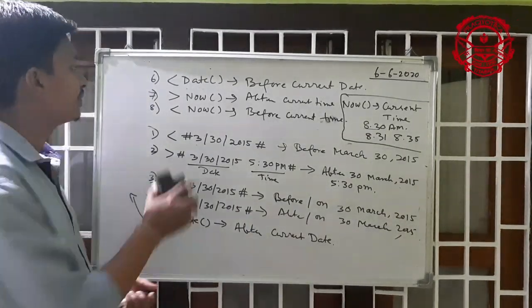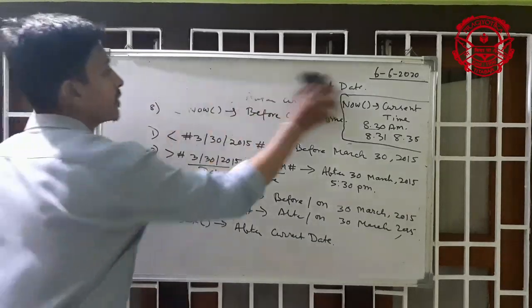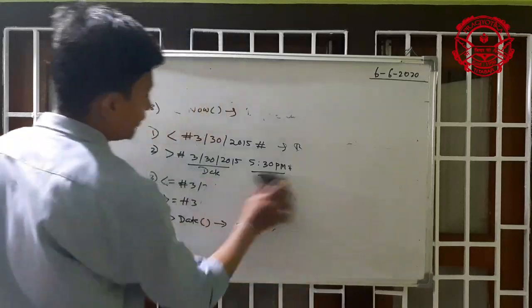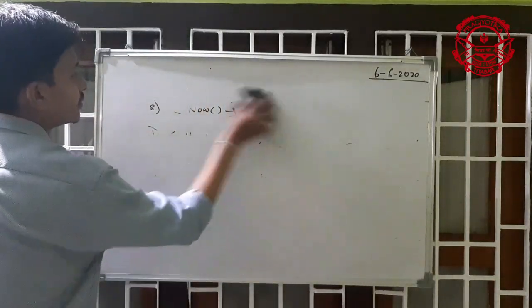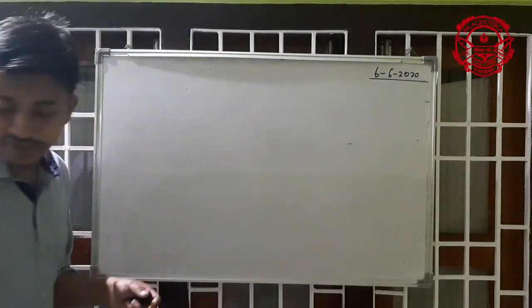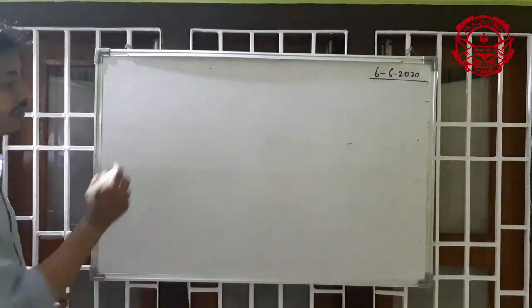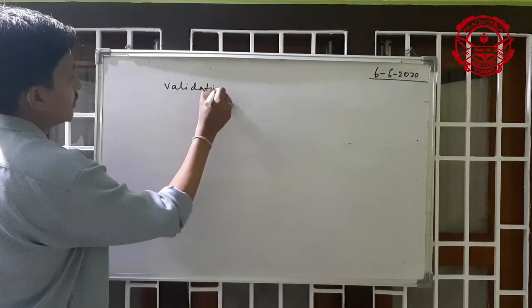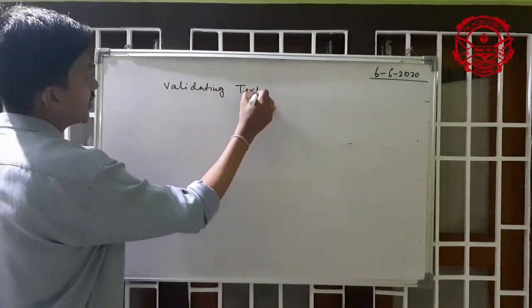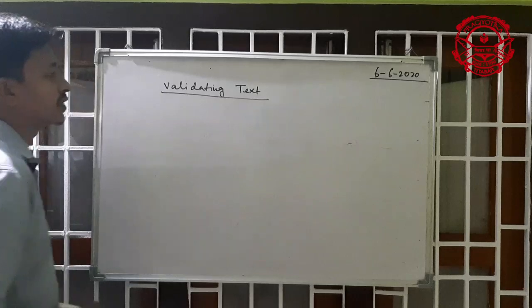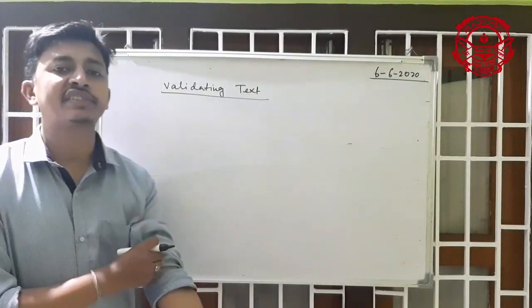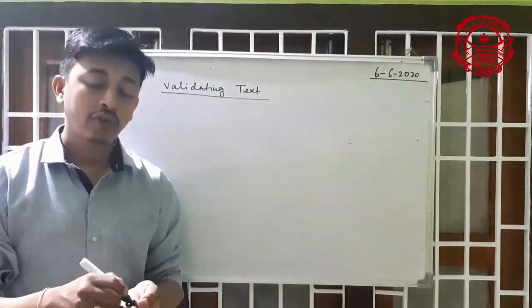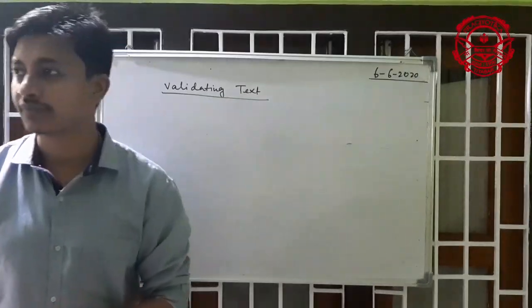Next is validating text. We can also validate text. Text means what? The characters.